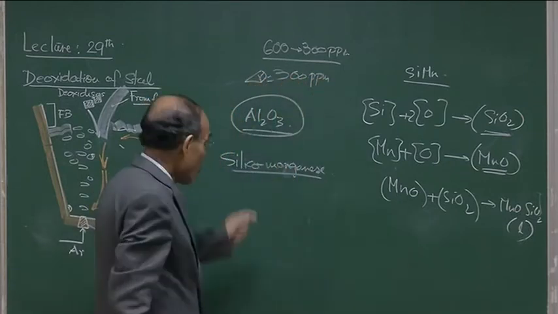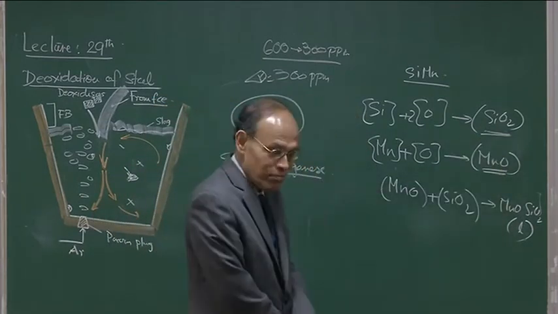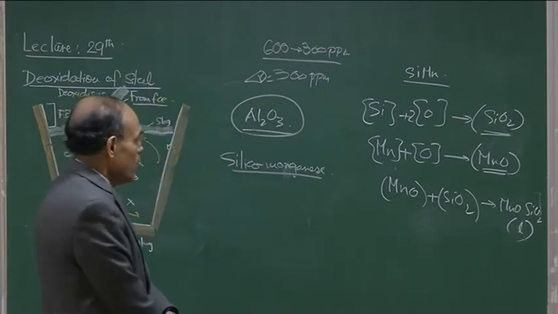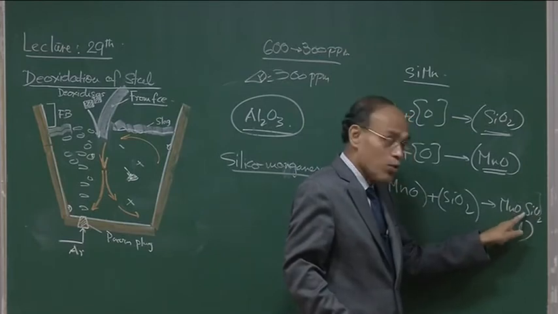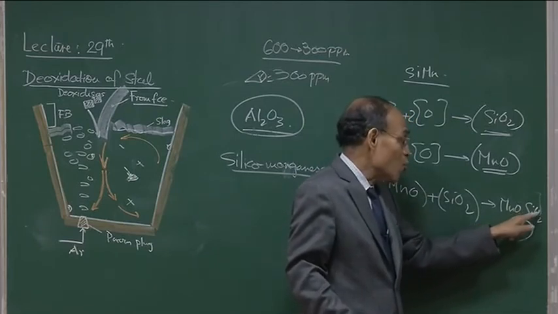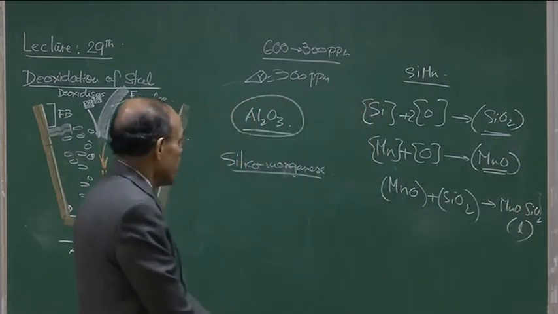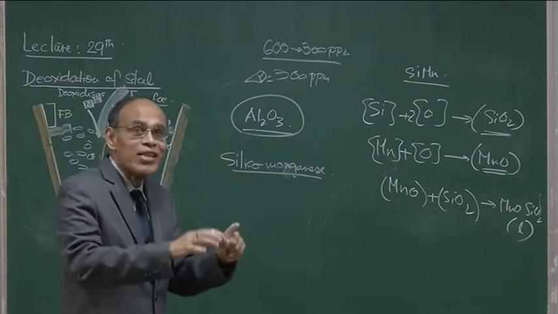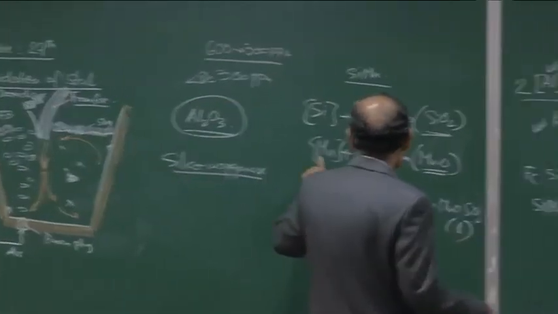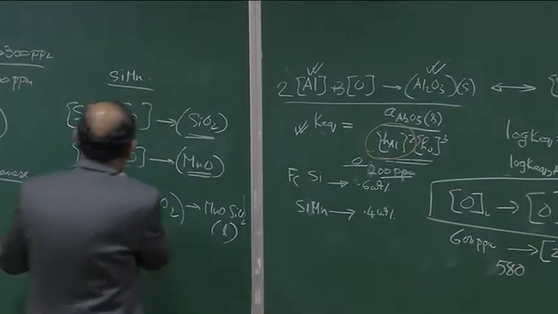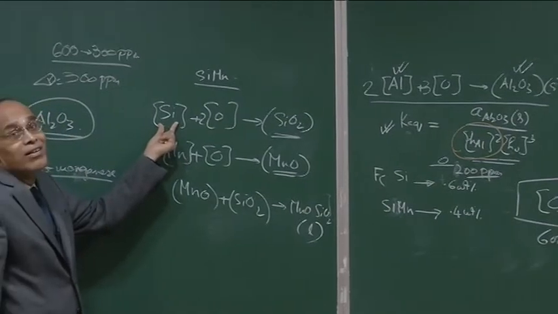So, we know that all this oxygen is sitting either as MnO or as SiO2, in a 2:1 proportion, as you can see from this particular formula. So, the same calculation is to be carried out to find how much manganese is there. If I write down the equilibrium, you have to calculate hMn and hSi.